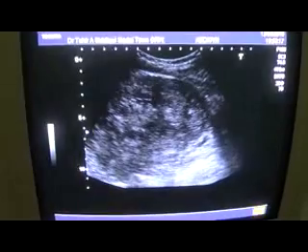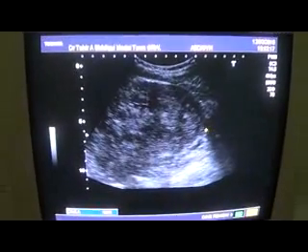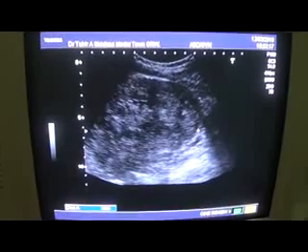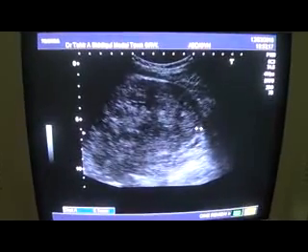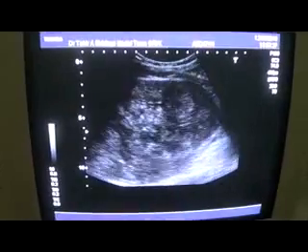See the wall, its lateral side wall, this wall, and the wall is thick, measuring about 5 millimeters.